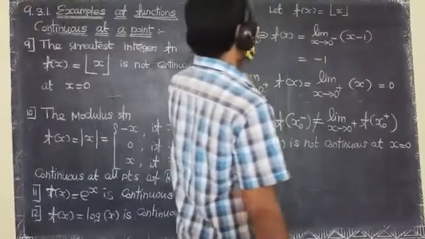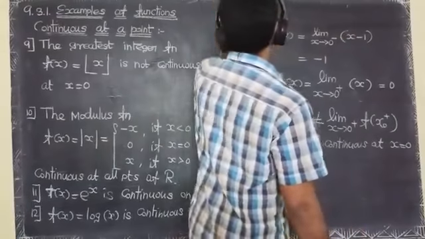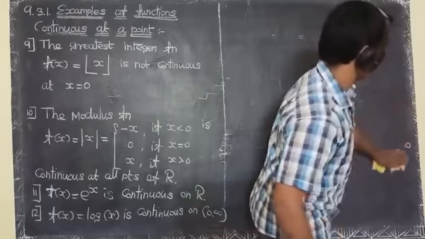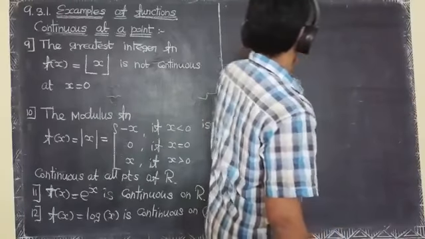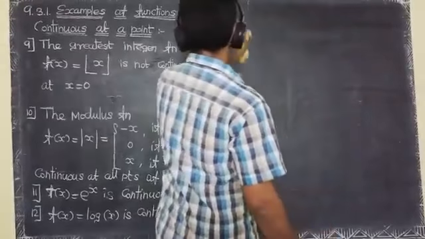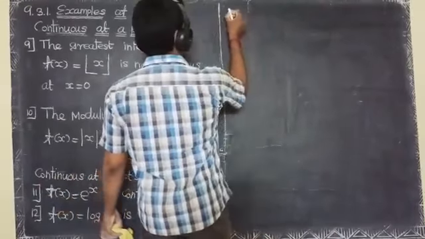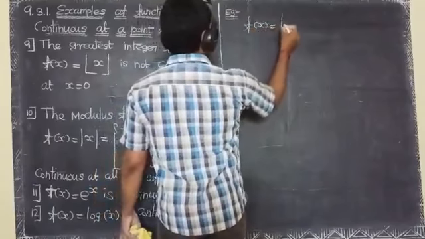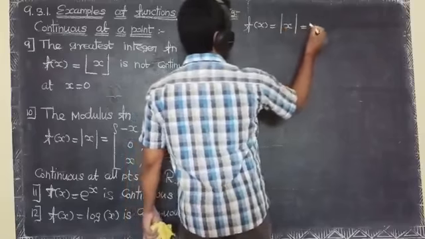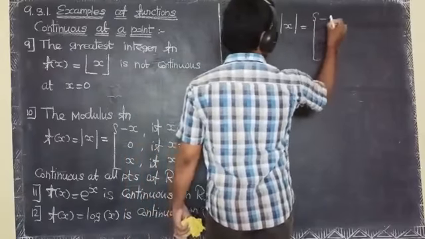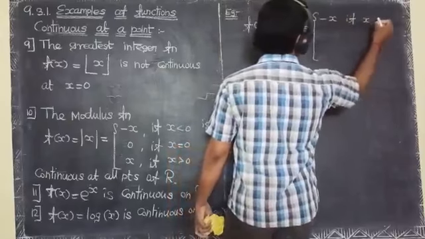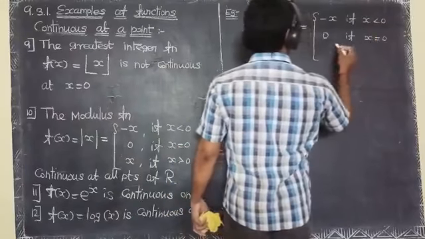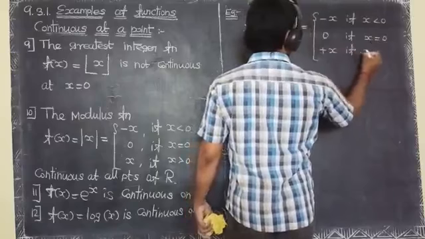To find the left-hand limit and right-hand limit, and check that the function exists, removing the modulus: the factor is a negative sign if x is less than 0, 0 if x equal to 0, plus x if x is greater than 0.